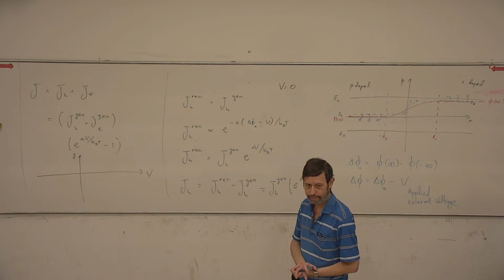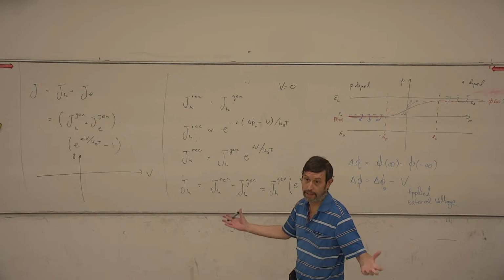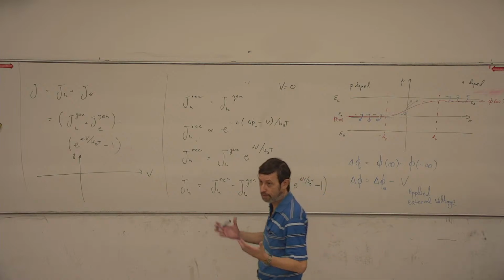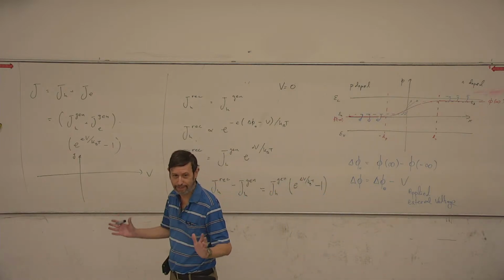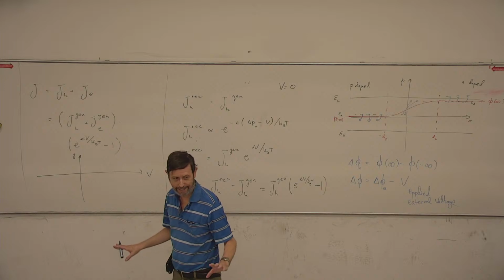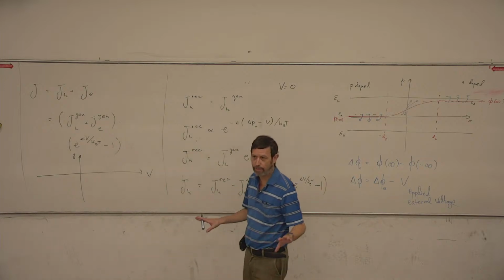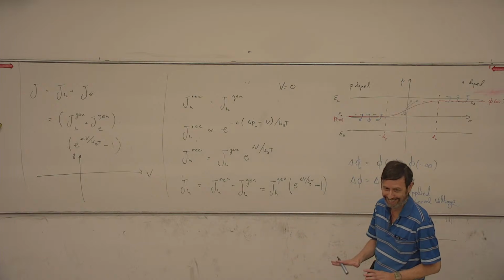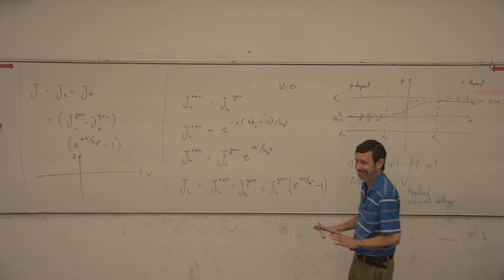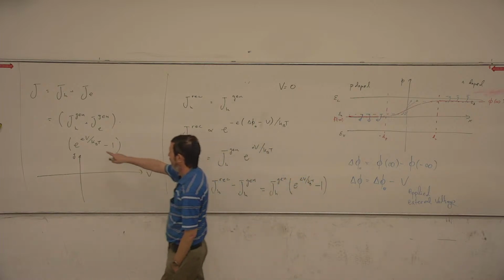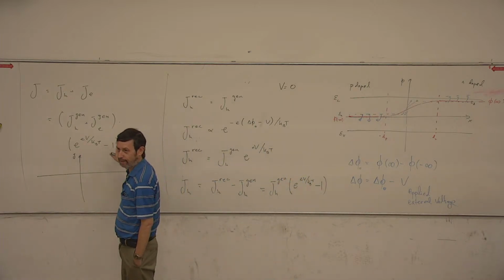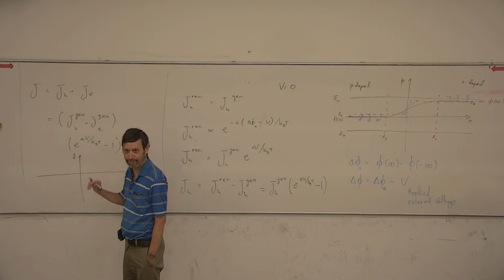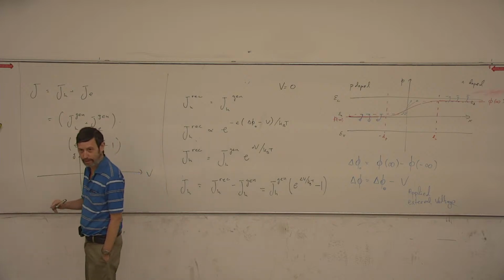Exactly, at V equals 0, I shouldn't have current. If I missed that, I'd get a perpetuum mobile. I could perhaps patent it, but it would be wrong. At V equals 0, this is equal to 1. It's okay.